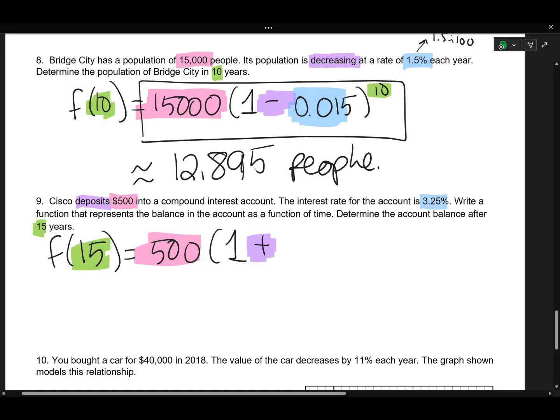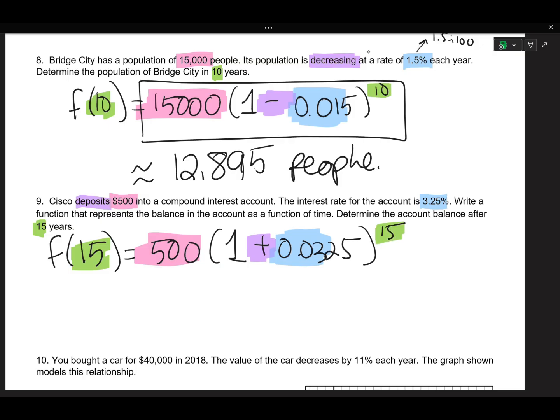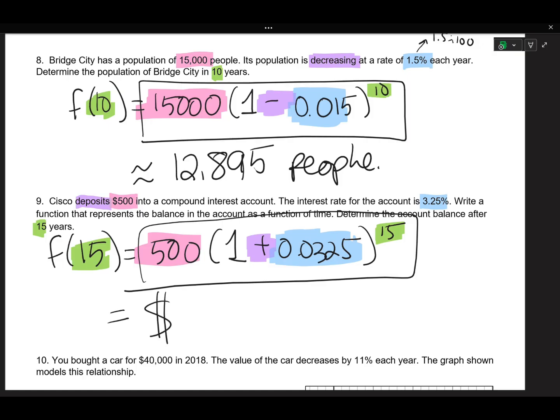And then 3.25% as a decimal is 0.0325. And we'll give it a power of 15 because that's what we're evaluating. This whole thing goes into your calculator. Please take a chance to practice. And let's see how much money we've got in there. Your answer should be $807.83.